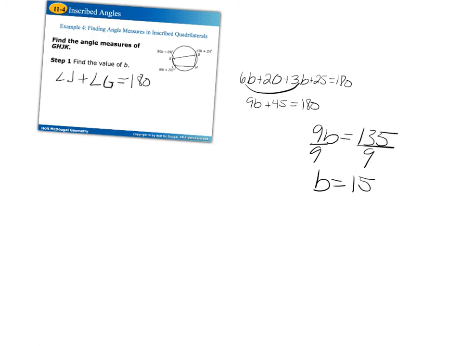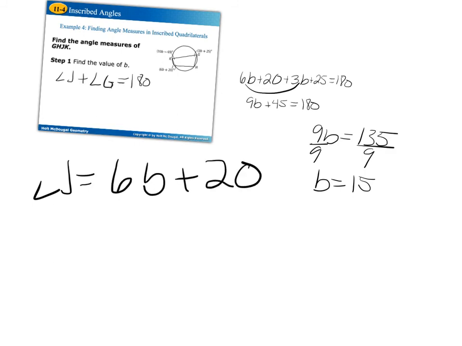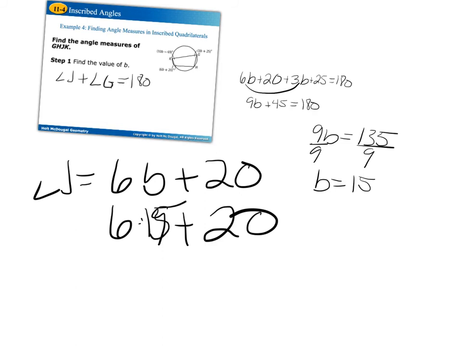All right, so I got b, but they want to know all of the four angles. So all you have to do now is just plug them back in to each angle. So let me do J first. J, I've got 6b plus 20. Put in the 15, sorry. 9 was from earlier. Put in the 15 here.